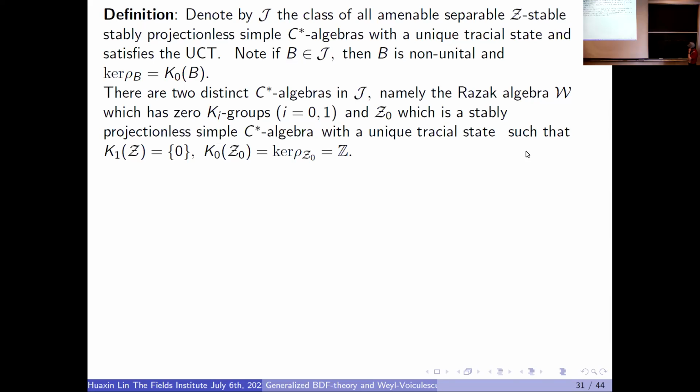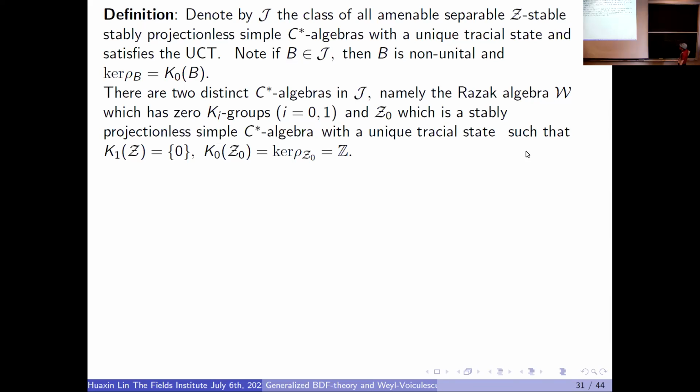And one first thing is, can we classify the extensions? Now, if you look at the KK theorem, then it's 0, because W has a 0 K theory. So KK, in the usual way you look at KK theory, there's nothing there, 0. But very quickly you realize there are lots of extensions of this form, and they are not isomorphic.